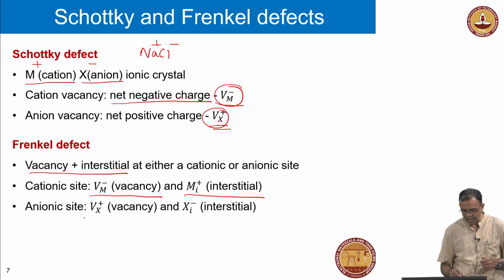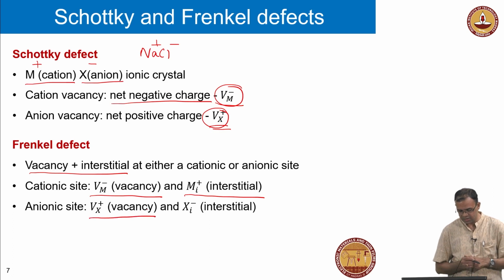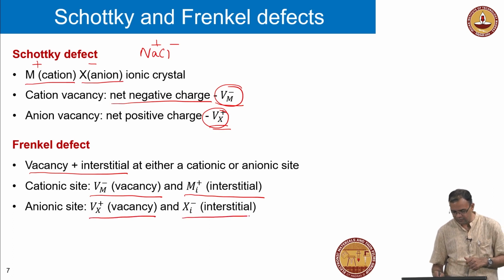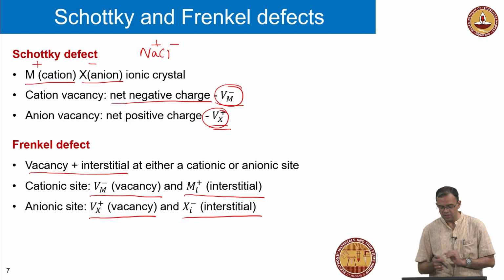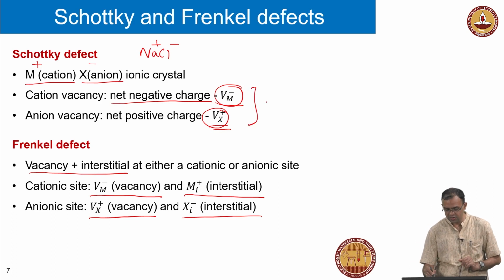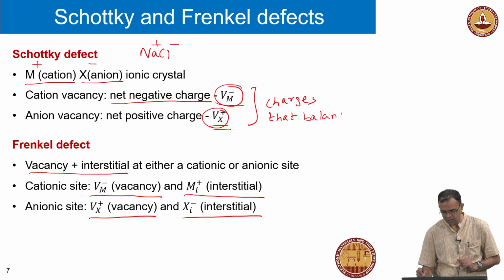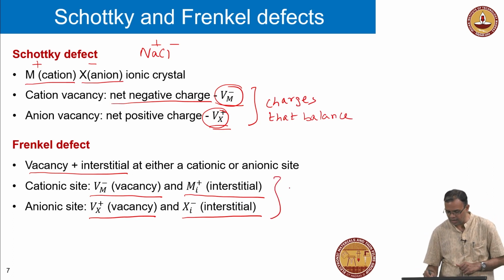The same way with anionic vacancy, I have V_X plus, and when this goes as an interstitial, it goes as a negative charge. So either way, I have minus and plus, so I have charges that balance. And even here I have minus and plus, so again I have your charge neutrality.